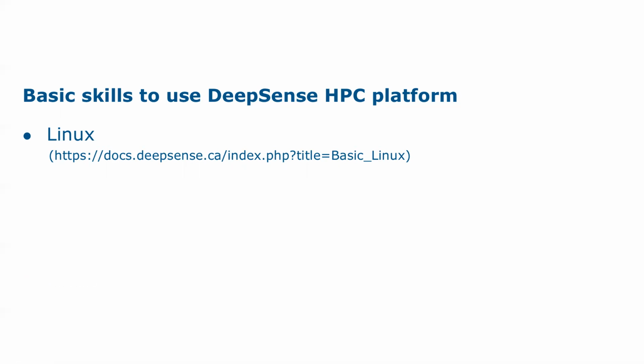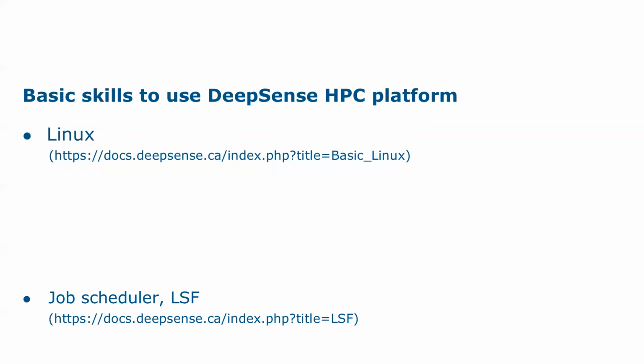We don't need a professional Linux person to use our systems, because in our instructions, we give very clear instructions on how to log on to our systems. And we also list the common and popular Linux commands for you. In most cases, you only need fewer than 10 Linux commands for your jobs. So don't worry about Linux.